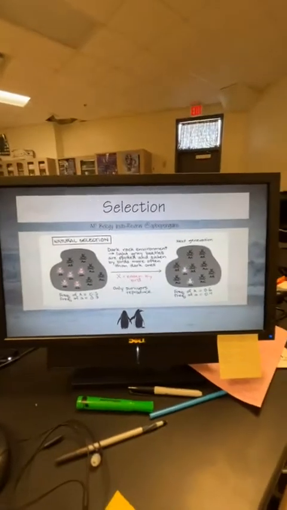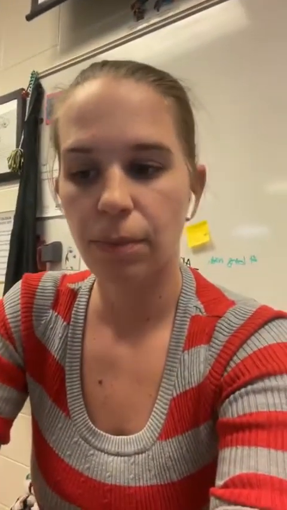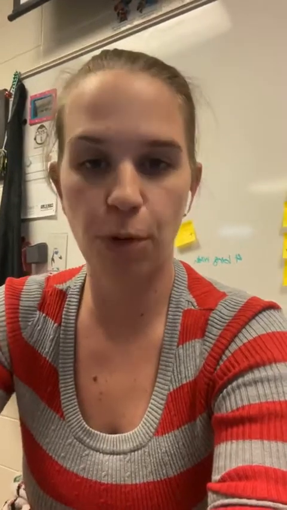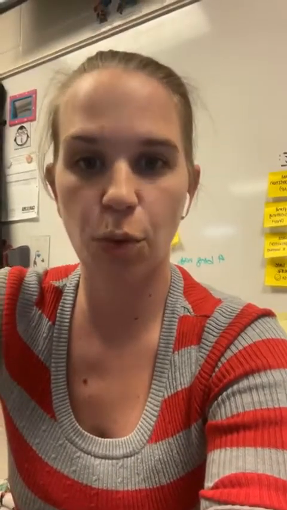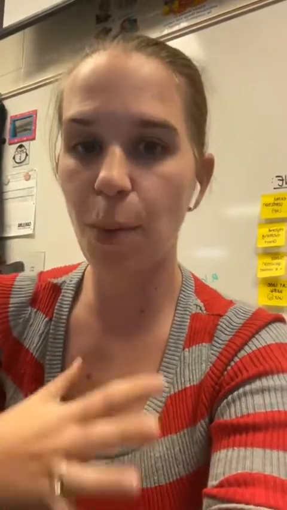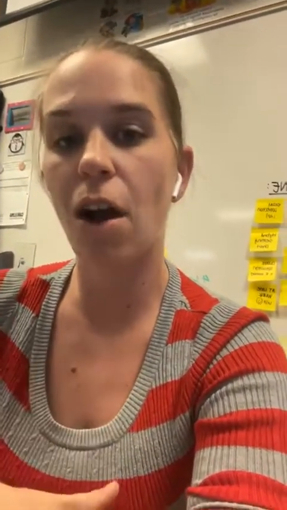Okay, so natural selection has to do with some trait being more favorable. And because that trait is more favorable, those individuals leave more offspring. And because they leave more offspring, there is a higher chance of those individuals surviving and continuing to leave more and more offspring. And so over time, we see an increase in the favorable allele and a decrease in the unfavorable alleles.